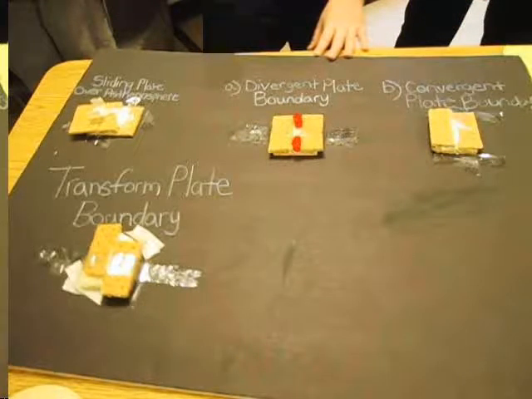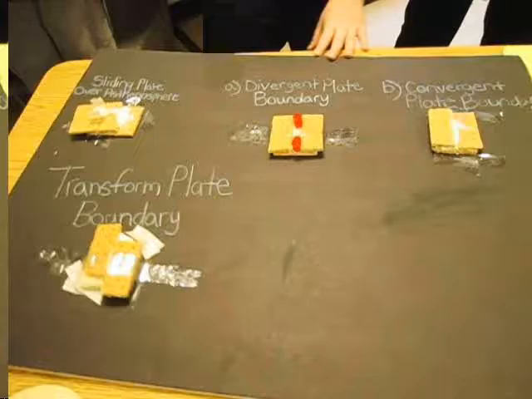All right, so this is a divergent plate boundary. It has a definition, which means it is a tectonic plate boundary where two plates are moving away from each other and new crust is forming from magma that rises to the Earth's surface between the two plates.